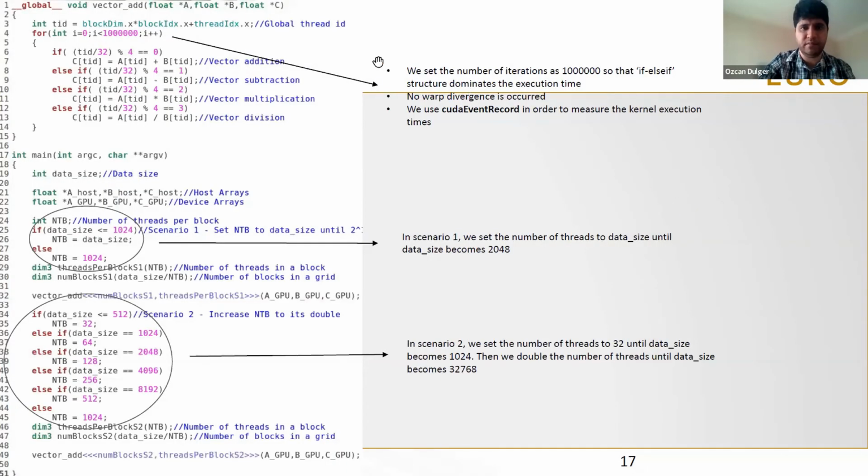Okay, now let me show you an example. Again, I define the kernel, started with global keyword, and again a for loop here. Inside the for loop, there is an if-else structure, and at each condition, a vector addition, subtraction, multiplication or division will be performed.